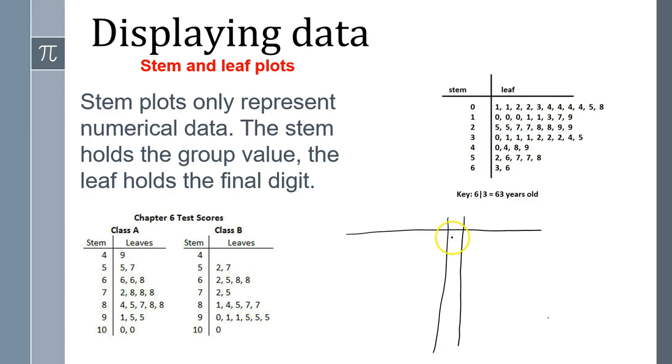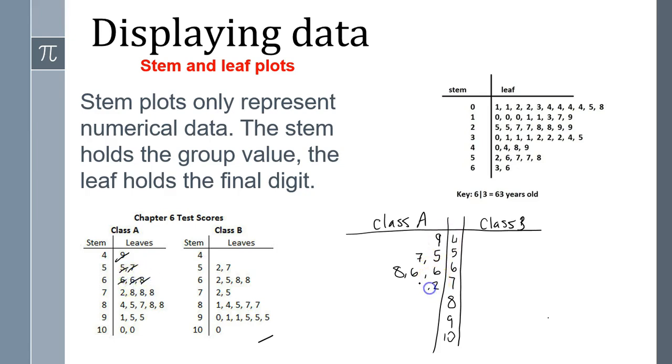Okay, my stem goes down the middle, so 4, 5, 6, 7, 8, 9, 10. I'll make this one class B, and this one can be class A. Okay, and then it's exactly the same. So here we've got 9, we've got 5 and 7, we've got 6, 6, 8.